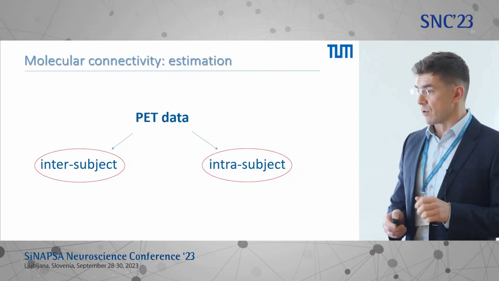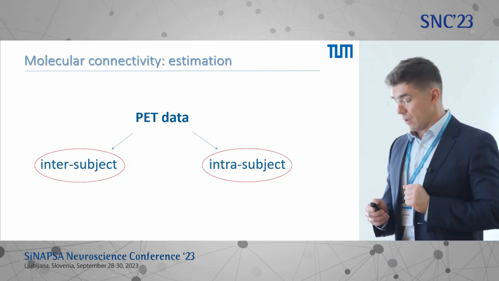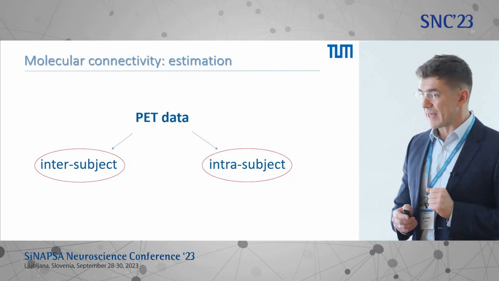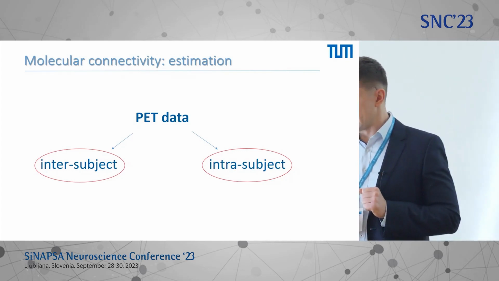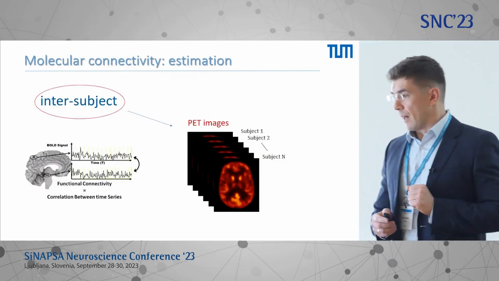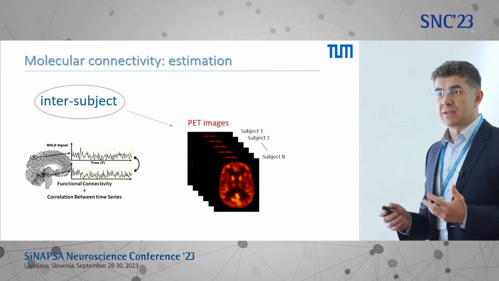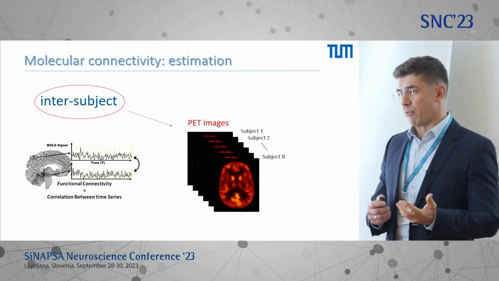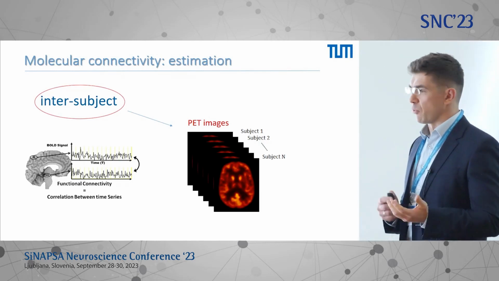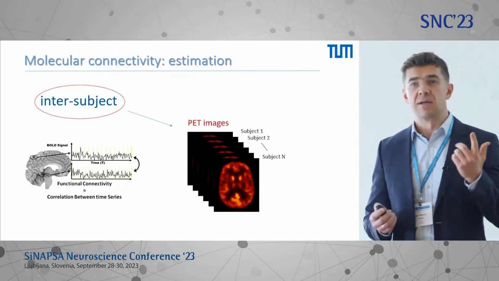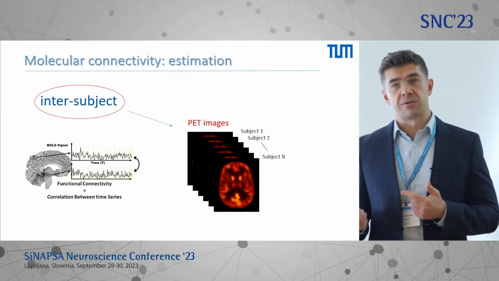And intersubject, so most of the literature by far on molecular connectivity is based on intersubject estimation. And this is, I think, what many people are a bit afraid of. So how can you estimate molecular connectivity when you have just one single image per subject?